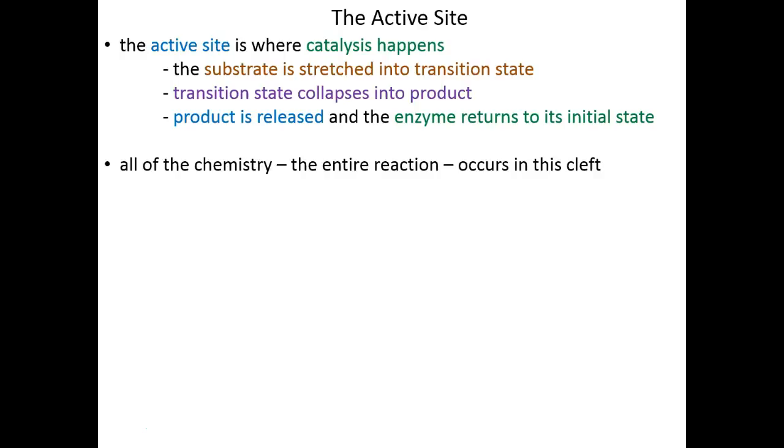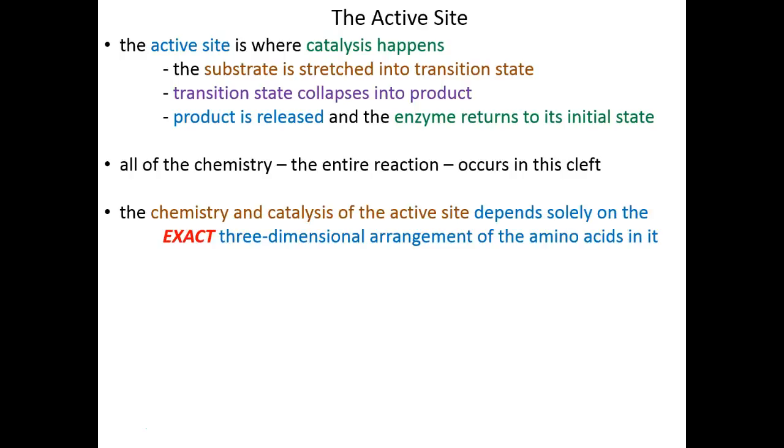So it's fair to say that all of the chemistry and catalysis of biochemical reactions that are catalyzed by enzymes occurs in this relatively small cleft or region called the active site. And the chemistry and catalysis of the active site, because it's part of the enzyme, the protein, depends solely, and not surprisingly, on the three-dimensional shape of that active site.